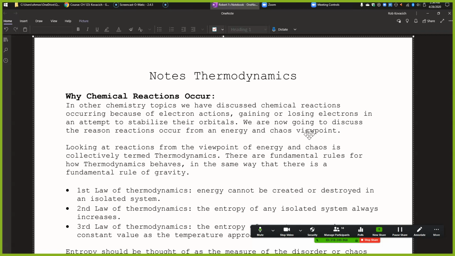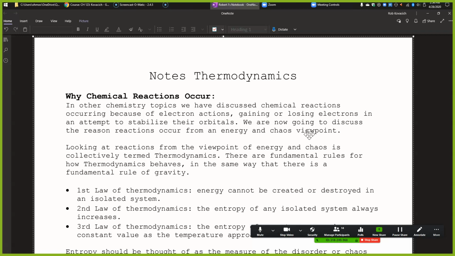So when we're talking about why things chemically react, we could be talking about, okay, well, this wants to lose a valence electron so it can look more like argon, or wants to gain an electron so it can look more like neon or something like that. But instead of from electrons, we're going to look at it from a thermodynamic standpoint, which is about energy and chaos. Those two principles drive pretty much everything.